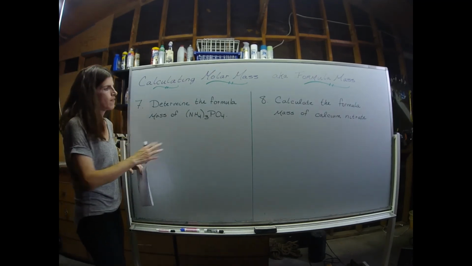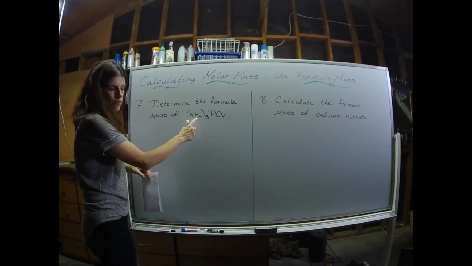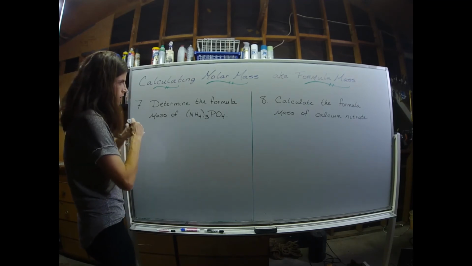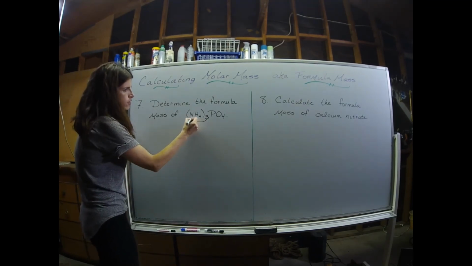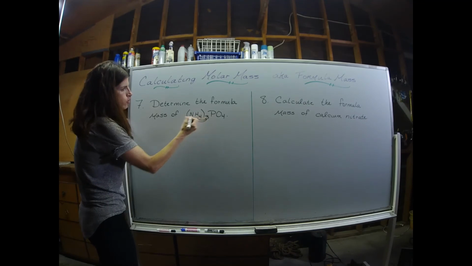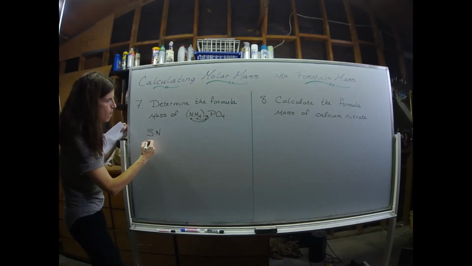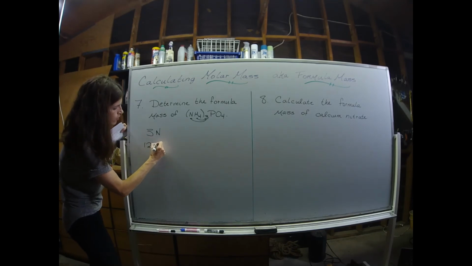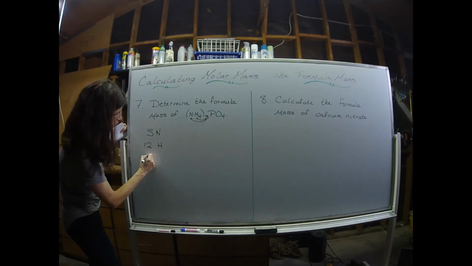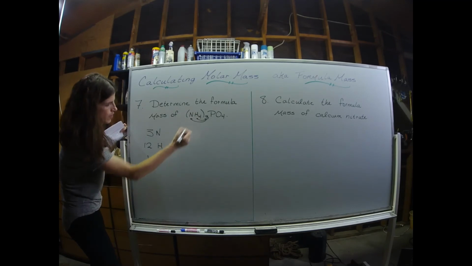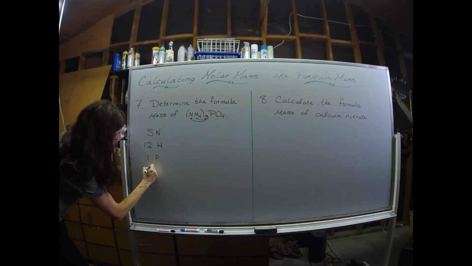So on number 7, we need to be super careful about our distribution here. So I'm going to distribute the 3 to the nitrogen and to the hydrogen. So that gives me 3 nitrogens to account for and 12 hydrogens. There's just 1 phosphorus in the ammonium phosphate and 4 oxygens.